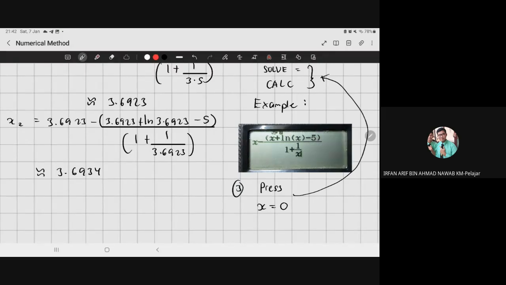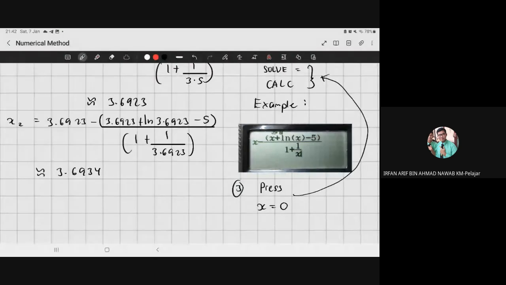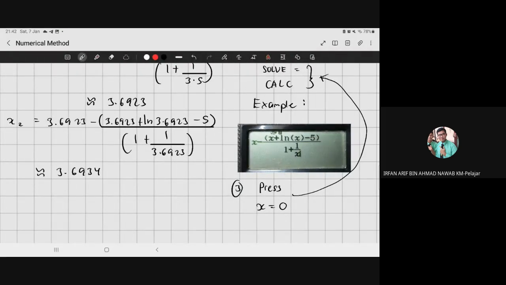It seems that it looks better, right? There's a consistency: our first two decimal points, 0.69, and then another 69, but the back of it, 23 and 34, is still not good. So we have to keep moving until we find two consecutive values which are the same. That is what we are looking for.